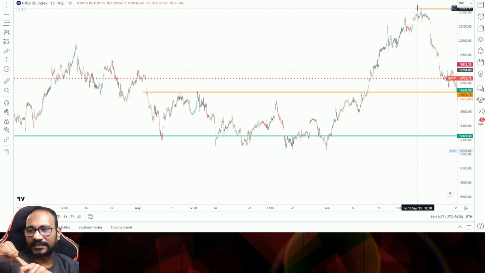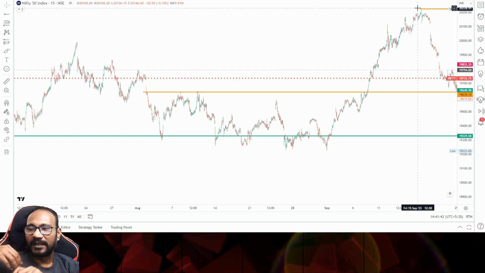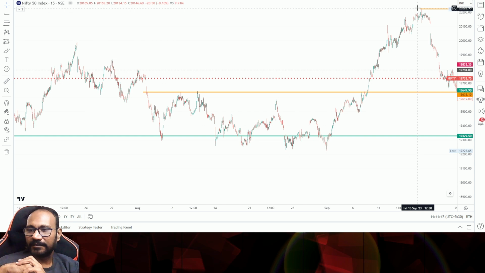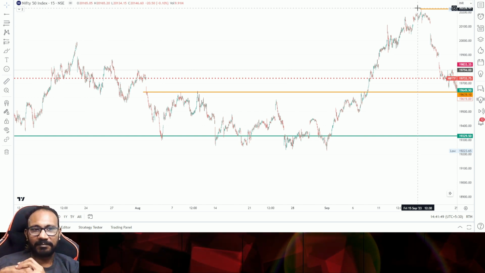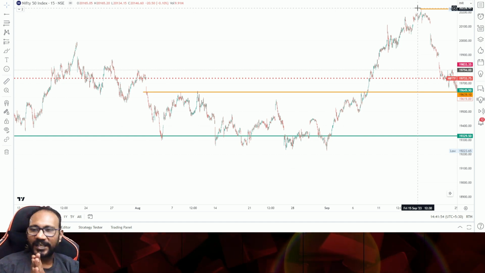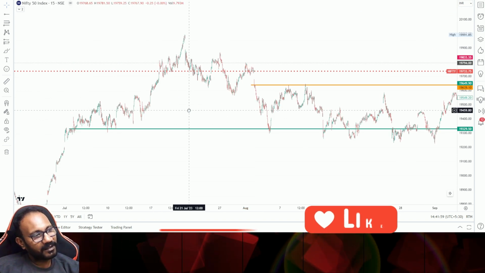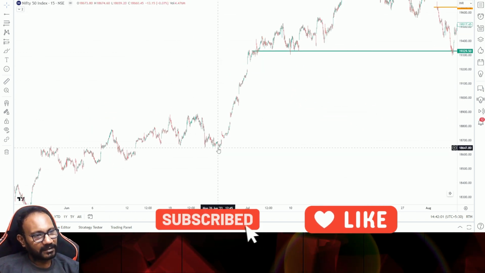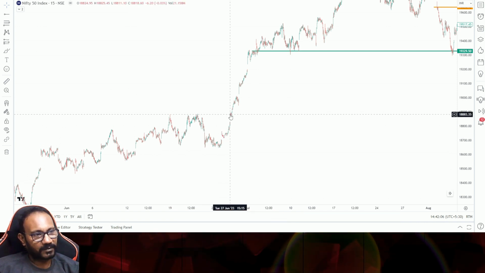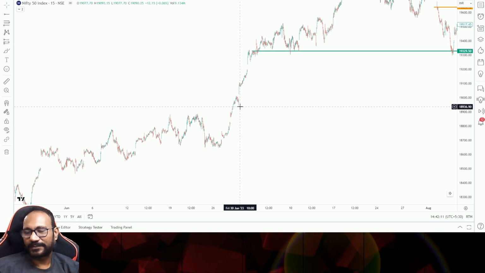So what is a retest? What is a reversal? You should know by now. Then there is something called retracement, which will be covered in Fibonacci. Retracement is more like a wave, right? There is no straight line up or straight line down in the market. For every move that's happening, there will always be some pullbacks. If there is a going up, there is a coming down. These sort of pullbacks are called retracements.